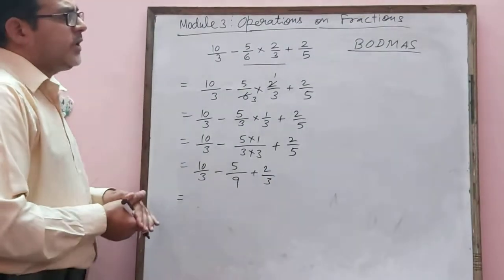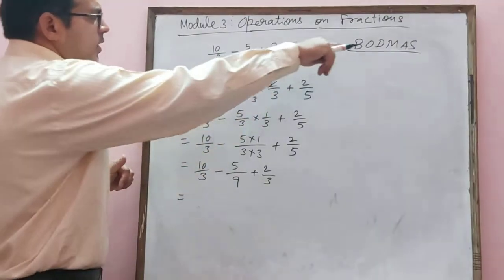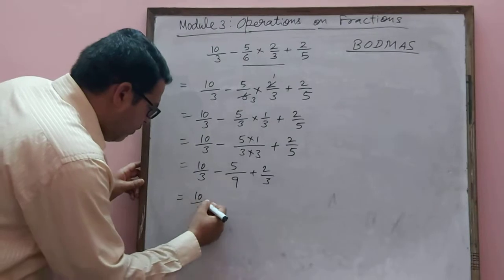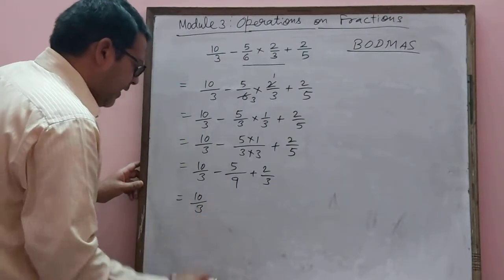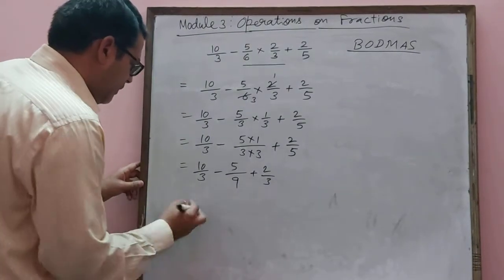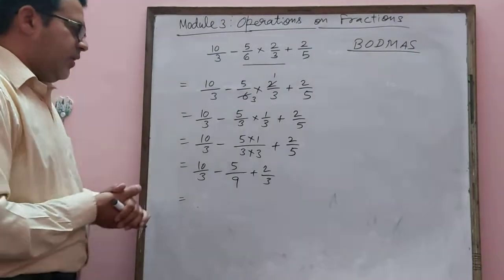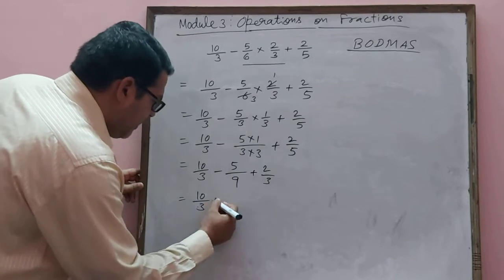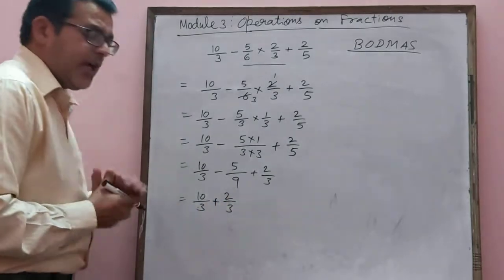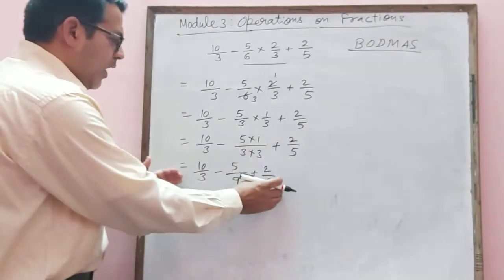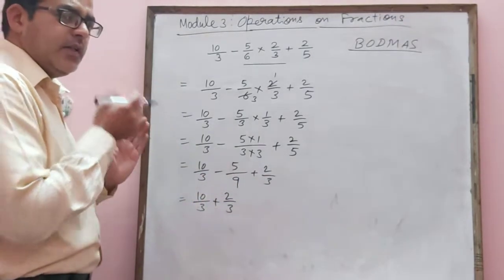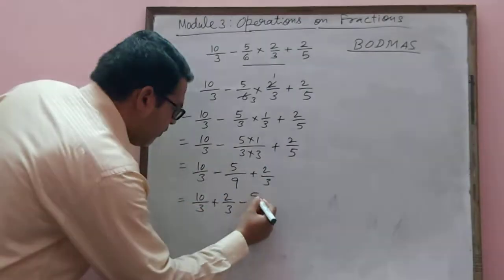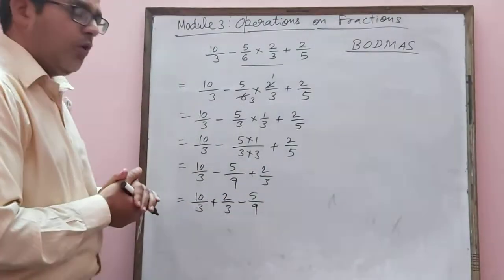Now what does the rule say? After multiplication we will add. So what can we do? We can add them. Right? You can see here 10 by 3 and plus 2 by 3 we will write together, since between these two a positive sign is there, and minus 25 by 9 we can write along the side.